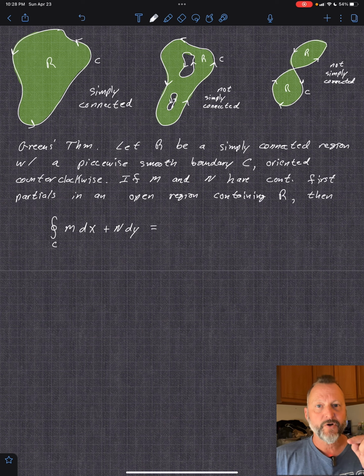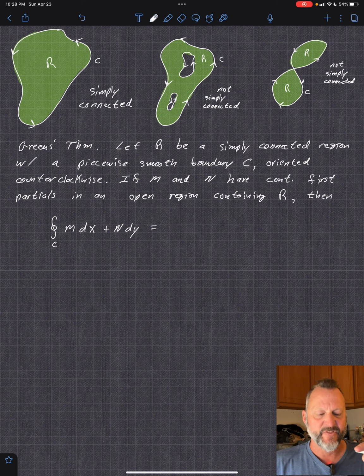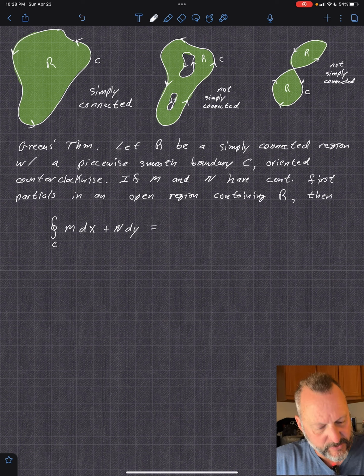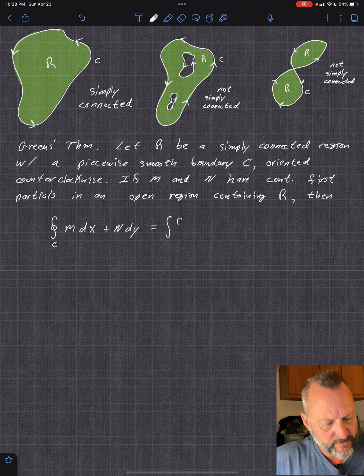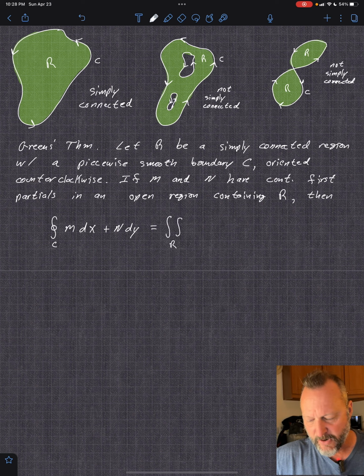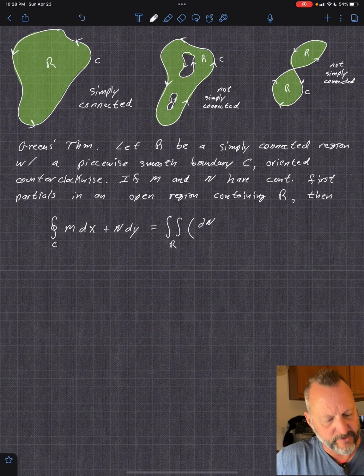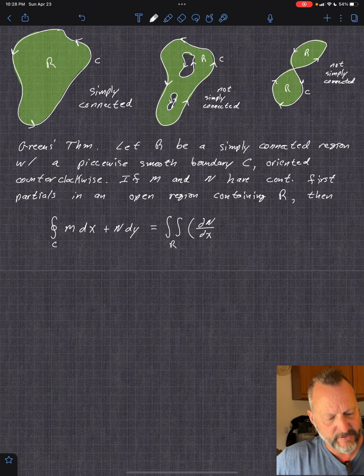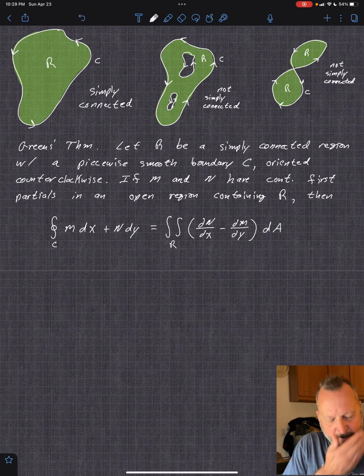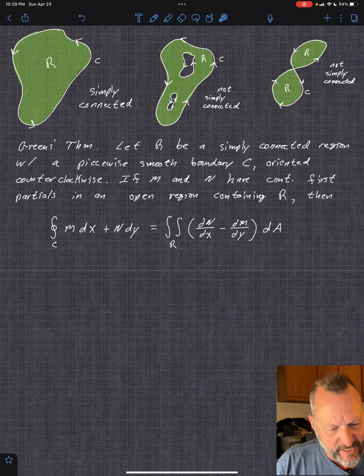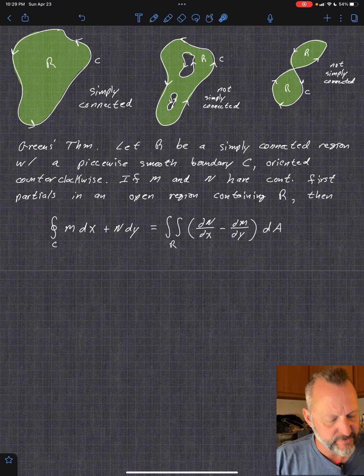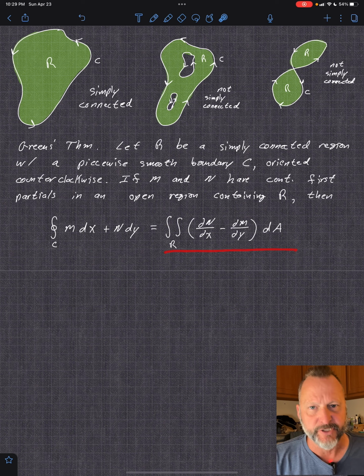So the curve C is defining the region R. So you're going double integral over R, and then what you do is you do the partials: partial N with respect to x minus partial M with respect to y, dA.